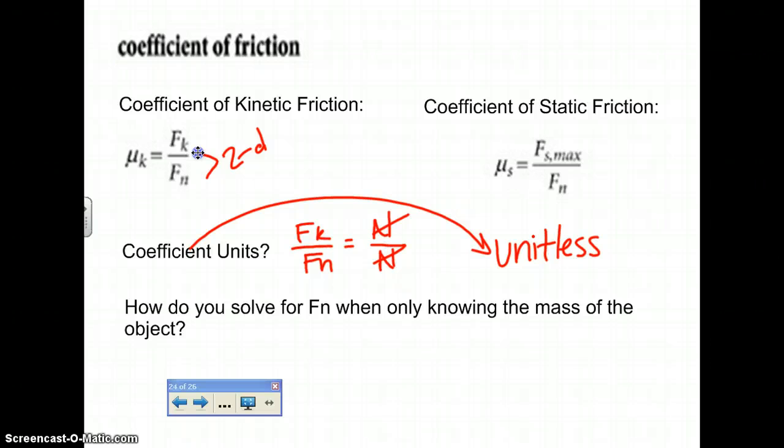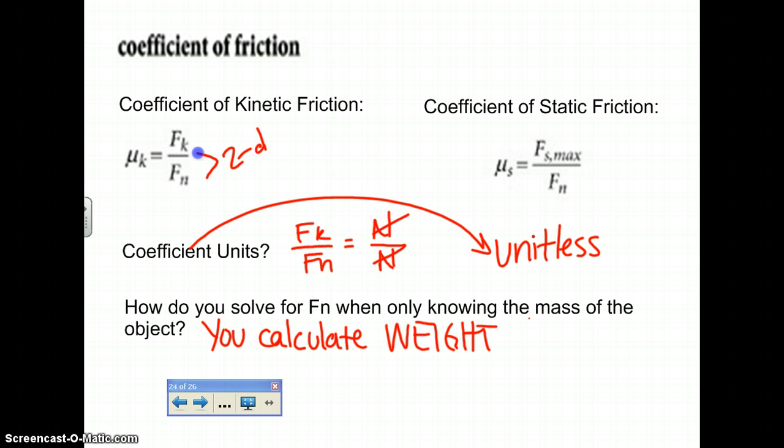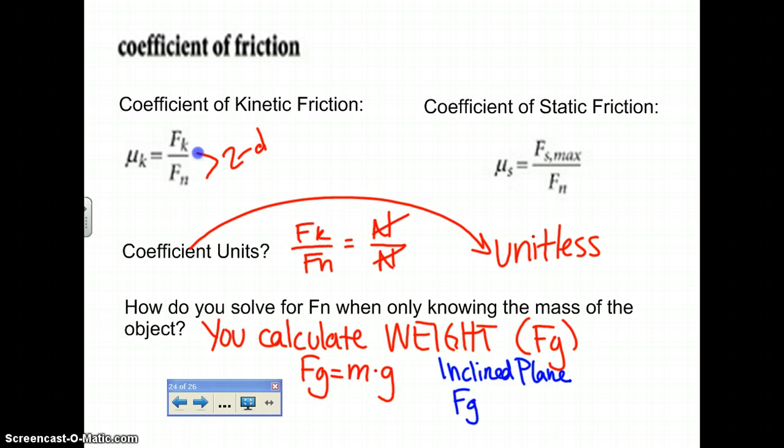So how do you solve for F of n when only knowing the mass of an object? Wow, this is great. You calculate weight. Weight of an object is F of g, whereas F of g is going to be your mass times the acceleration due to gravity. You need to be careful because if you're on an inclined plane, then you're really going to be solving for Fg of, well, you don't really know, so let's draw them both down.